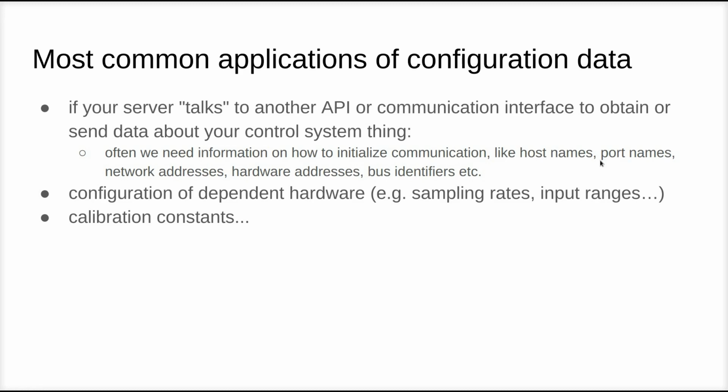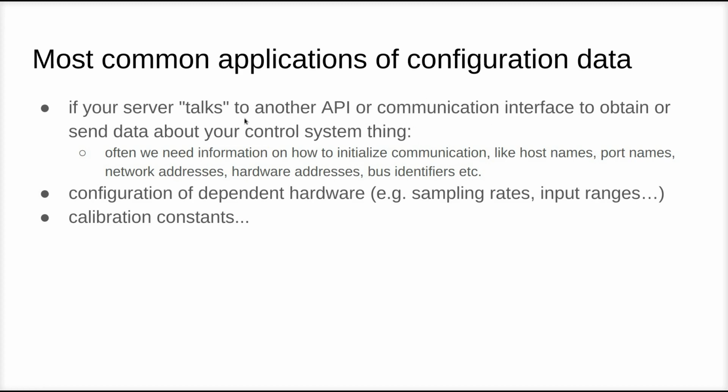If we talk over some interface like USB or whatever that is, we might need to have port names. We might need to have network addresses. If we're making an OPC-UA server for an embedded device which would directly talk over SPI or I2C or whatever that is, we might need to have hardware addresses or bus identifiers and so on and so forth. So the question, of course, then is how do we store this information? Our primary recommendation here is that you store this information in the configuration of the server.